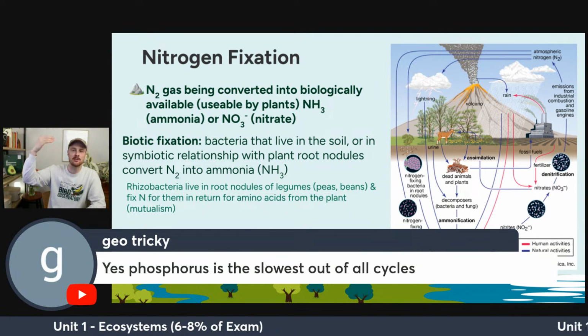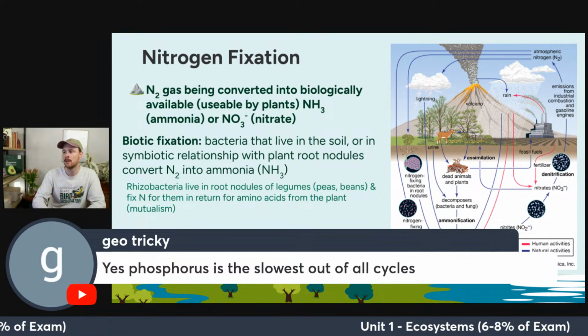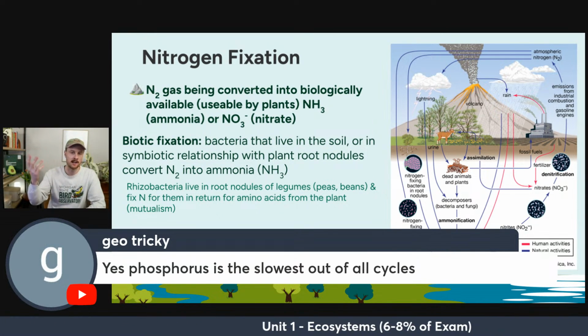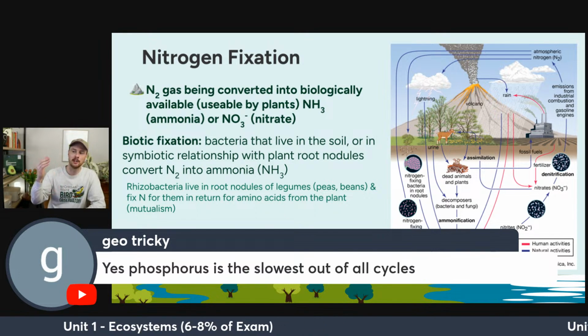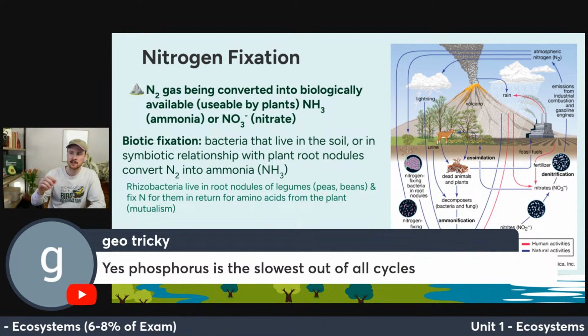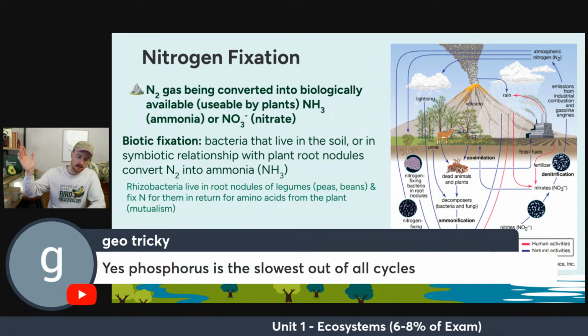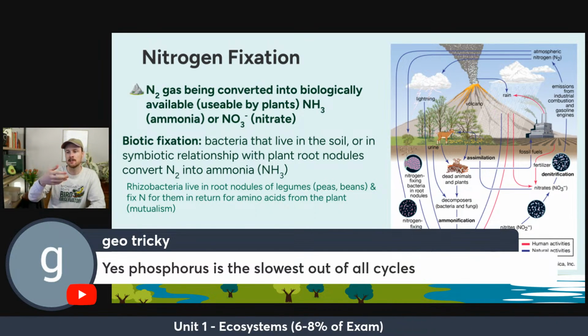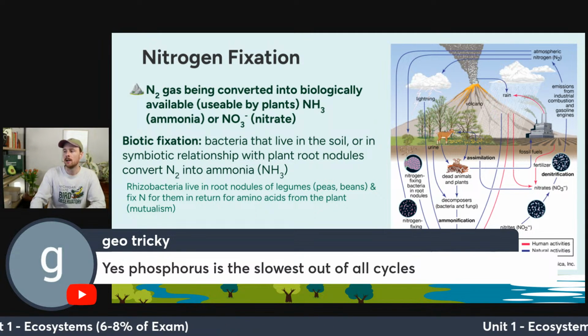Phosphorus doesn't enter the atmosphere in its cycle on Earth. It just doesn't volatilize at temperatures that we normally get on Earth. So it cycles very slowly, usually by the weathering of rocks. We get geological uplift that brings the rocks up to the surface, and then weathering breaks down the rock into smaller components, and those phosphates come out and then get washed into soil and water by runoff.